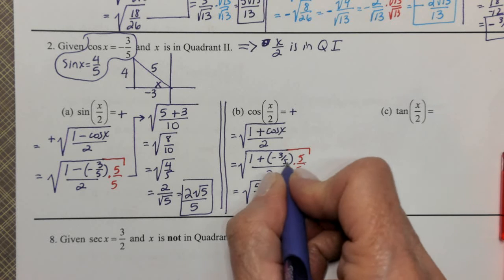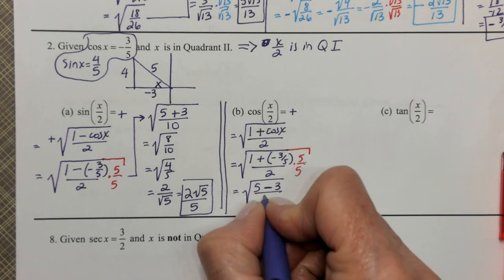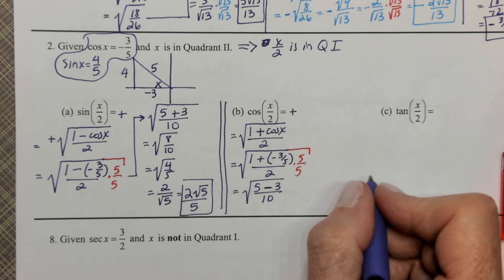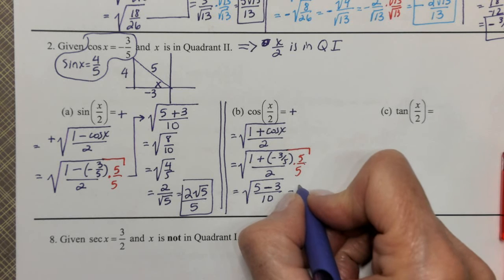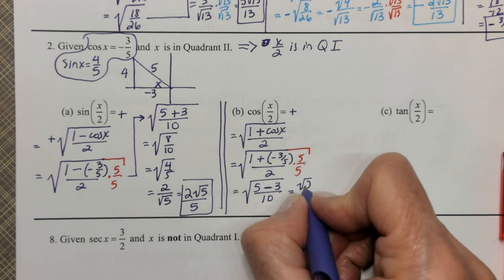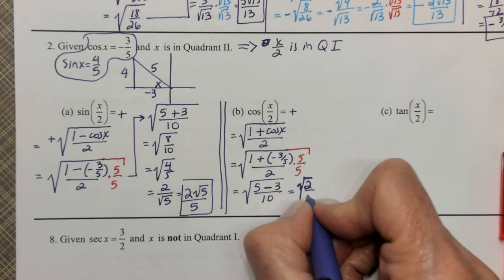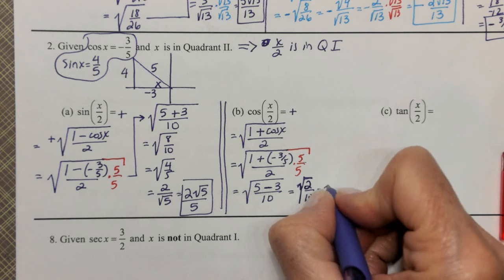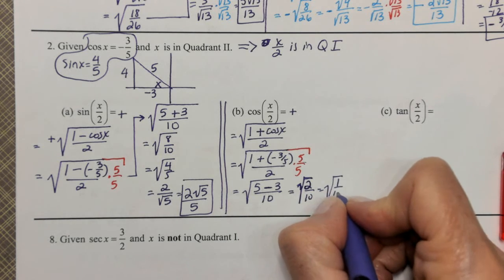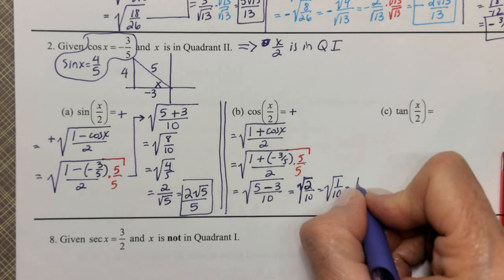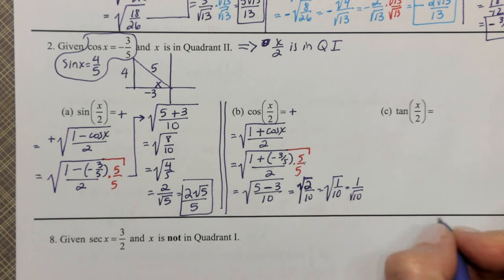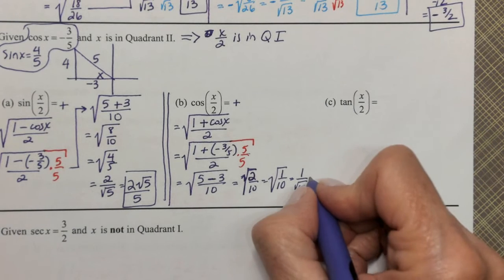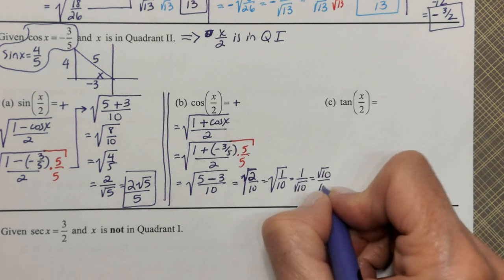We're going to have a minus 3 all over 10. This is the square root of 2 over 10, which is the square root of 1 over 5, or 1 over square root 5, which is square root 5 over 5.